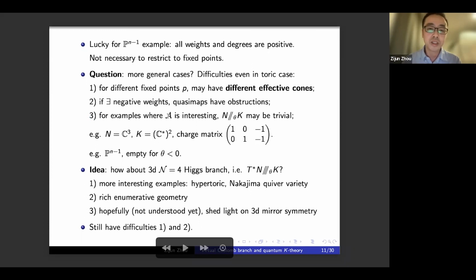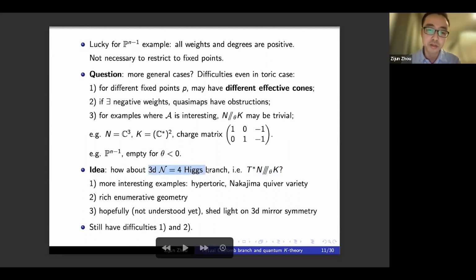So we start with this N and the gauge group K. And we study its Coulomb branch, and the Coulomb branch is originally associated with this 3D N=4 theory. So for such examples, usually we'll see that if you look at T*N, and if you apply the hyperkähler quotient, then you get some interesting spaces.